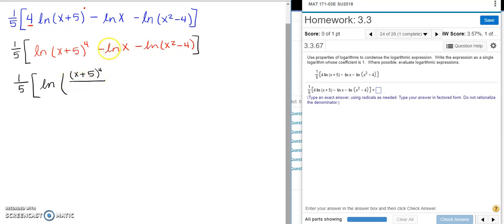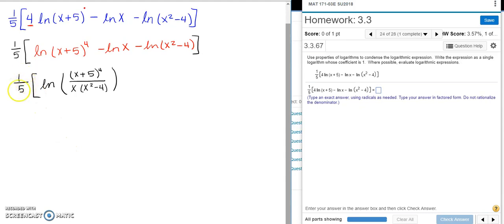The ones over here that are both negative, those are both going to be on the bottom. If you remember the last problem we just did, the negative ends up distributing when there are 2 things on the bottom. So this is like it's already been distributed. So the x ends up on the bottom, and the x squared minus 4.